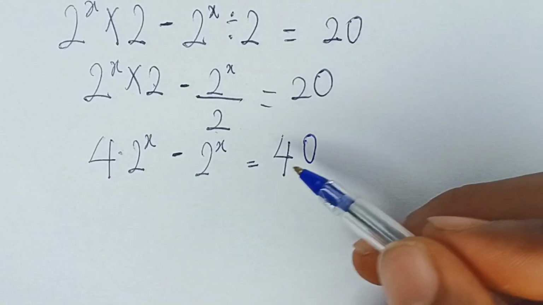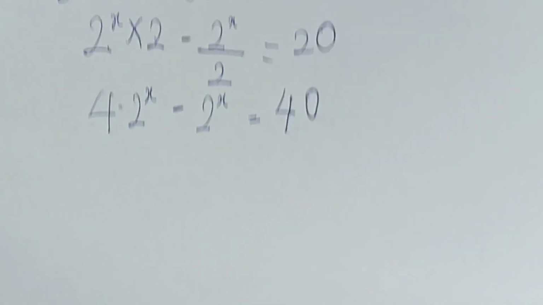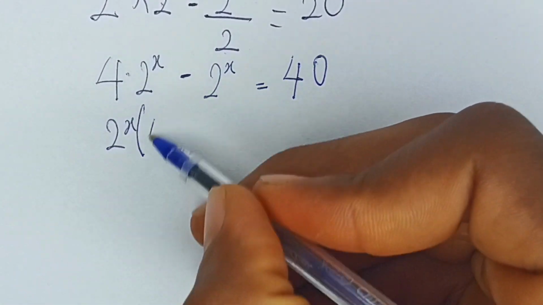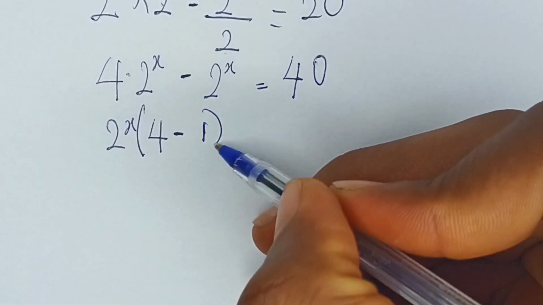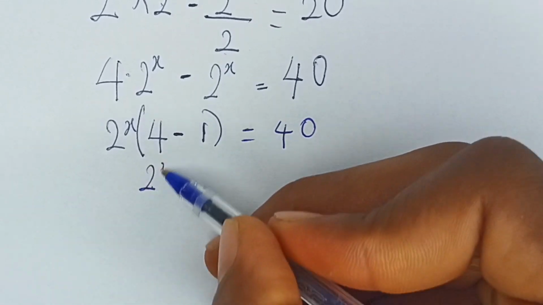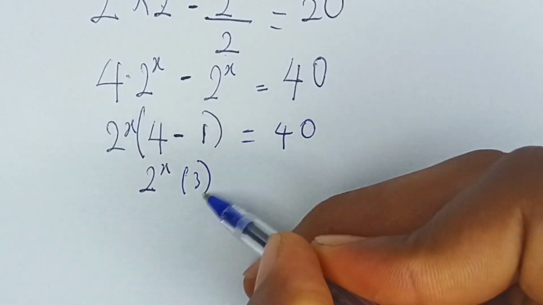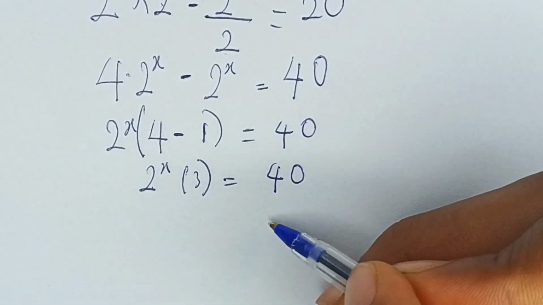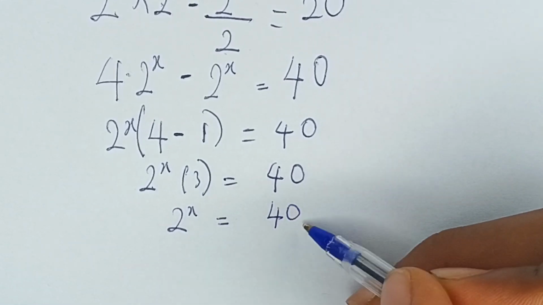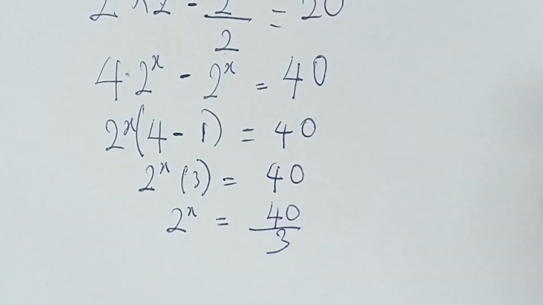Okay, so carefully watch as I do this. Let's factor out 2 raised to the power x. So we say 2 raised to the power x into 4 minus 1 is equal to 40. All right, from here we now have that 2 raised to the power x times 3 is equal to 40. 2 raised to the power x hence becomes equal to 40 divided by 3.